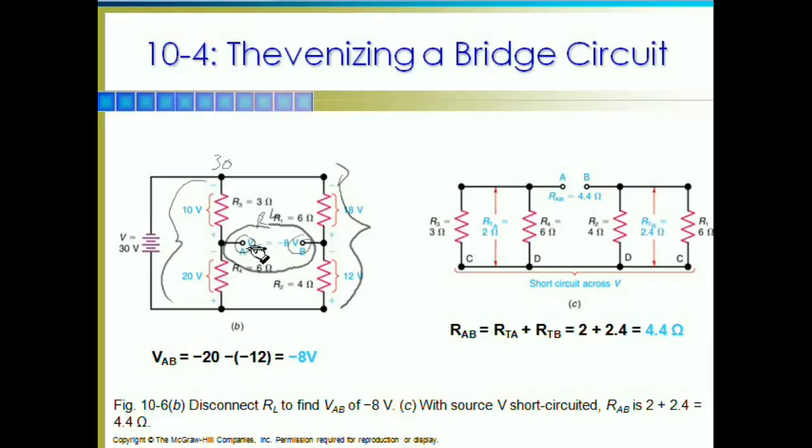So point A to point B is either looking through there, or looking across there.